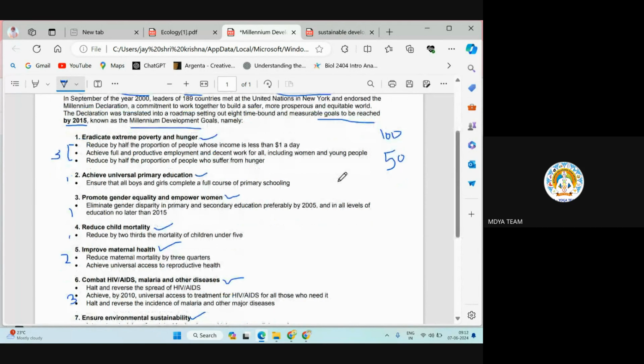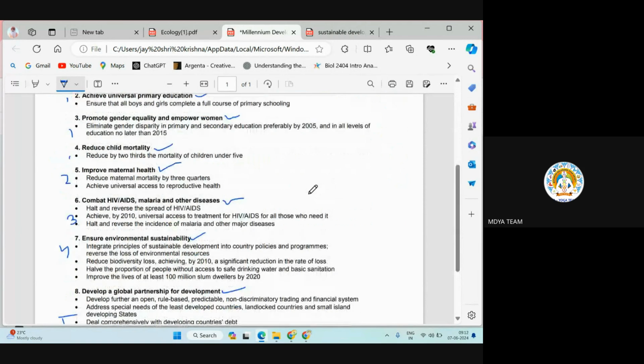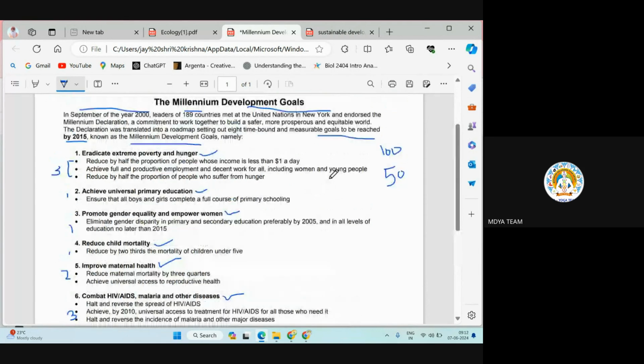For example, the first one is related with poverty, the second one is with education, the third one is related with women. Fourth one, child mortality. Fifth one, maternal health. Next one is related to disease, the seventh one is related to environment, and the eighth one is related to development. By this you can remember the goal related with poverty and hunger, which has three sub goals.